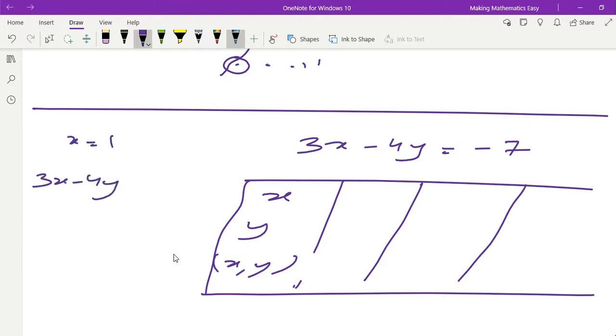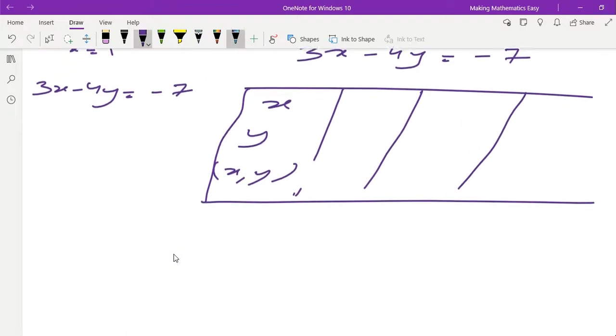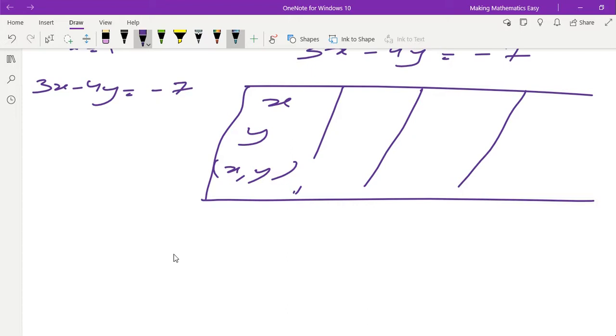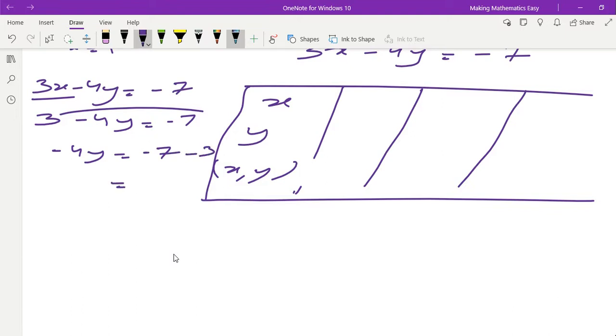We will be substituting the value of x in this equation. So this will be 3 into 1, 3 ones are 3, minus 4y is equal to minus 7. I'll send this 3 to the right hand side. This is already minus 7, and this 3 will also be minus. So this will become minus 10. So this is minus 4y, so y will be minus 10 upon 4.